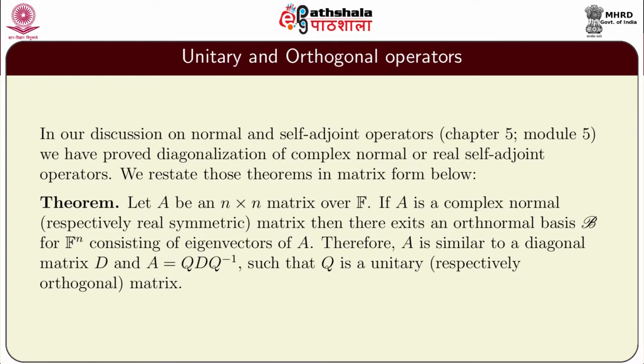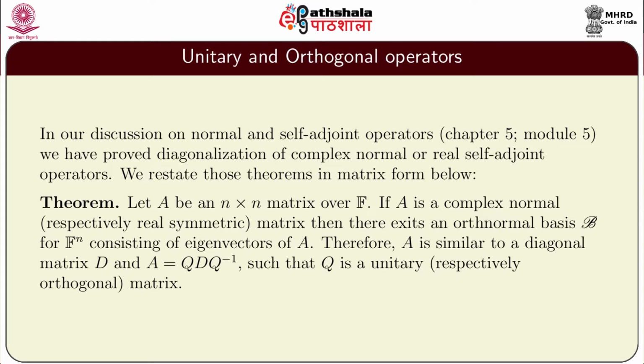In our discussion on normal and self-adjoint operators, which we did in chapter 5, module 5, we proved diagonalization of complex normal or real self-adjoint operators. Now we can restate those theorems in matrix form.